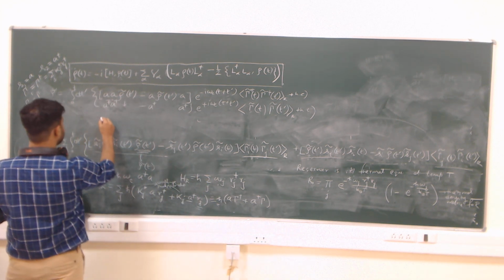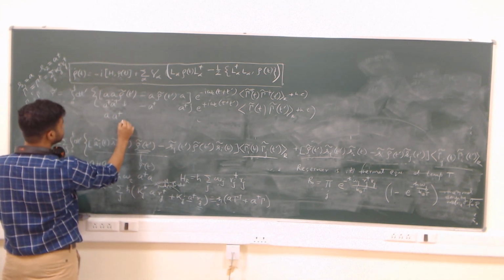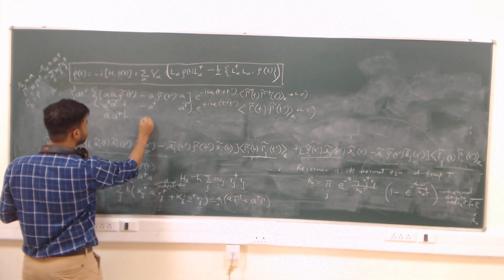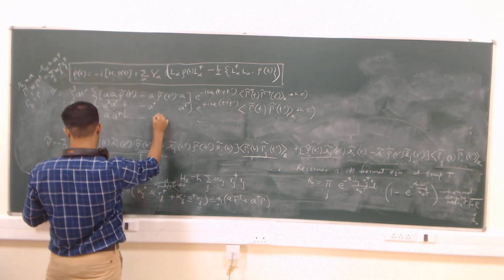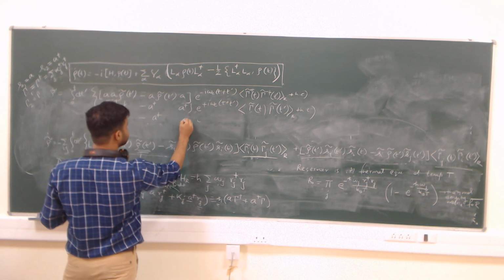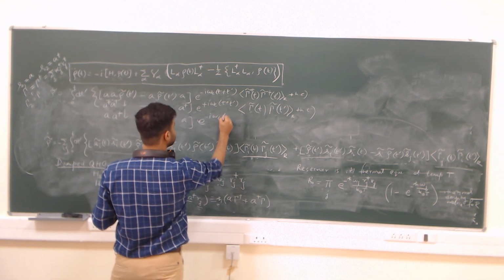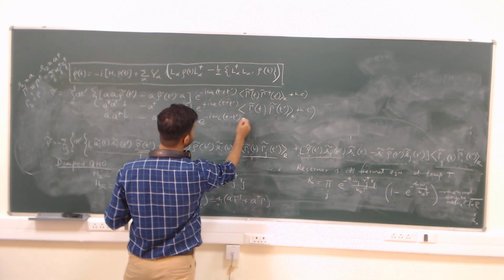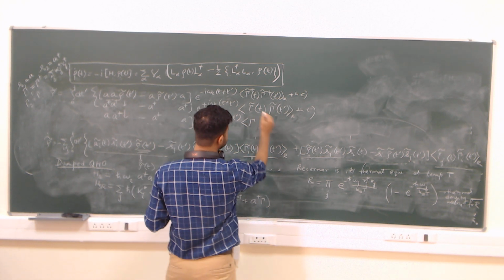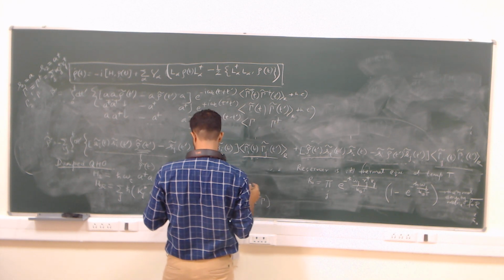So A dagger, then this and this. This term will have minus 2 prime. This will have one gamma and one dagger.